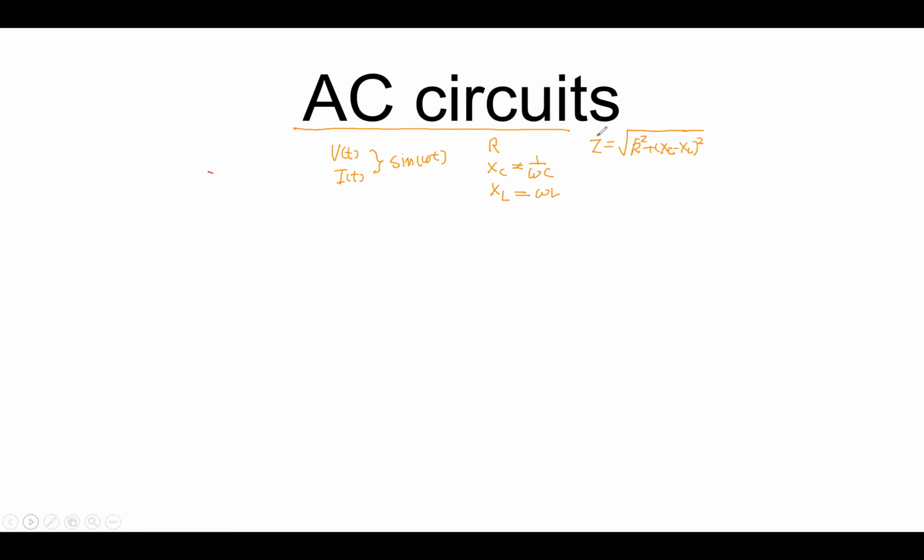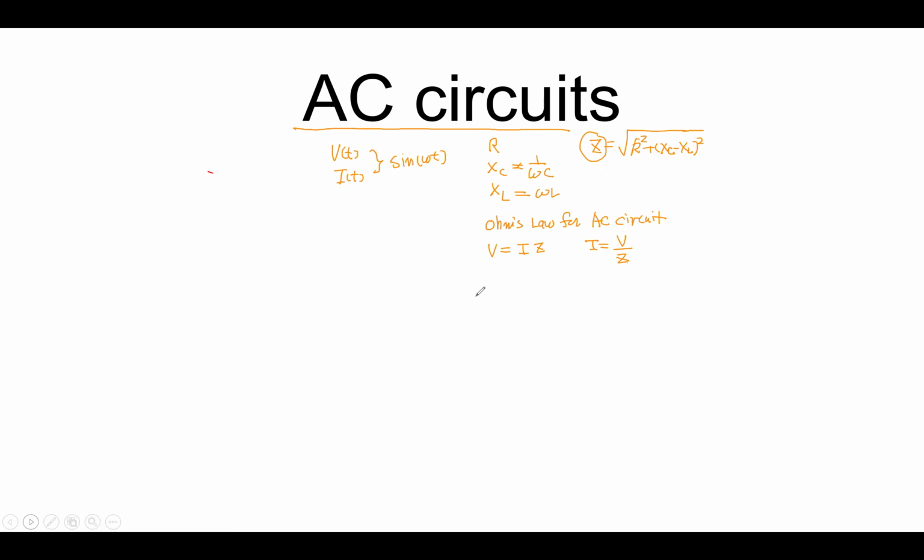If you have an impedance, then it works as a kind of resistor, so that Ohm's law for an AC circuit becomes V equals I Z. Or you could say that I is given by V over Z.